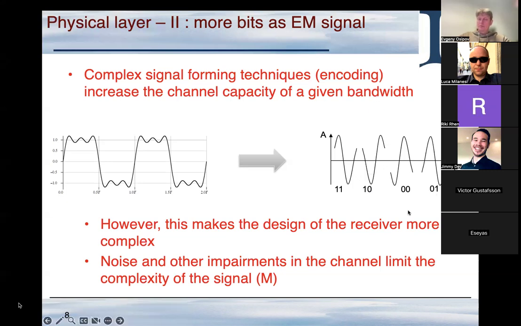So there are different kinds of modulation, but again, the most important in our context is that a signal with certain physical characteristics can carry more or less information.